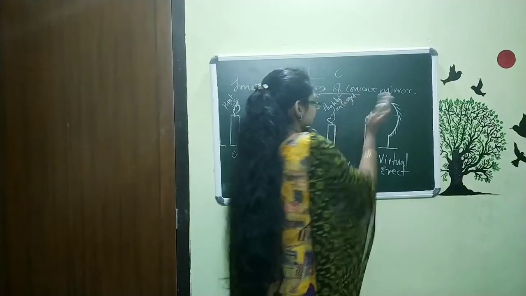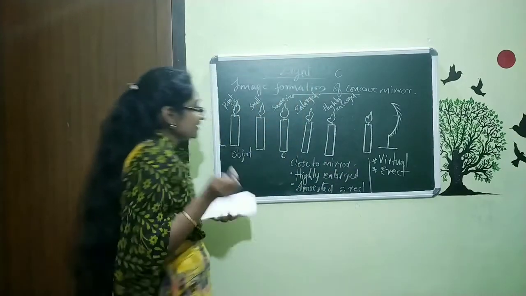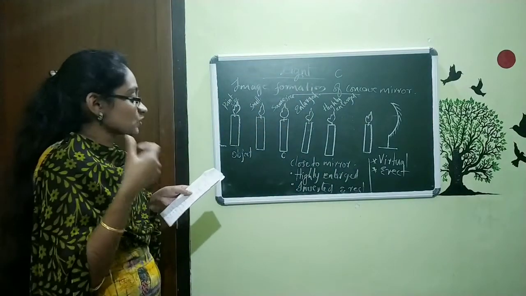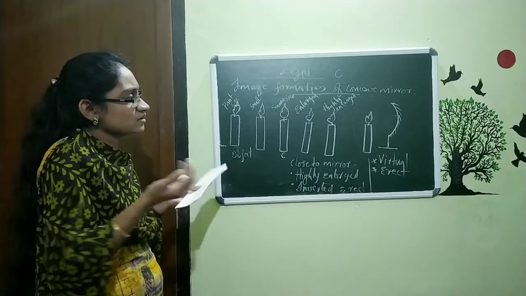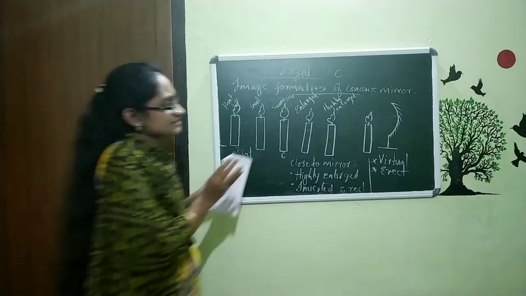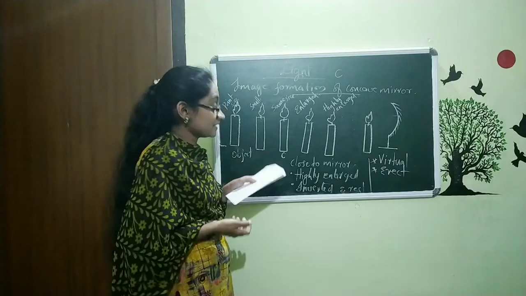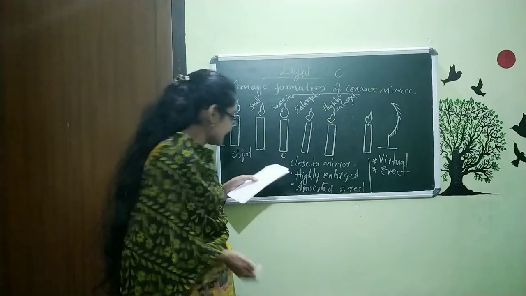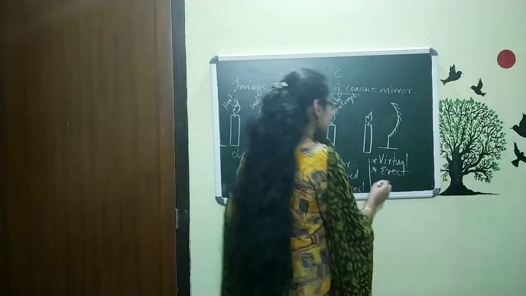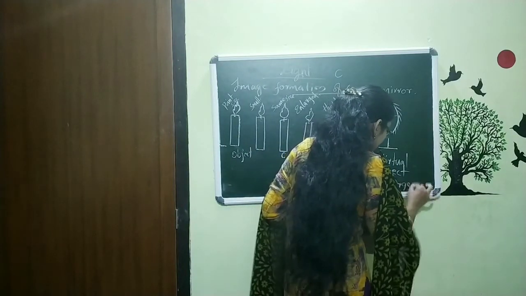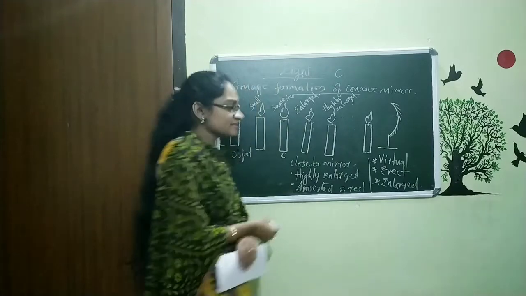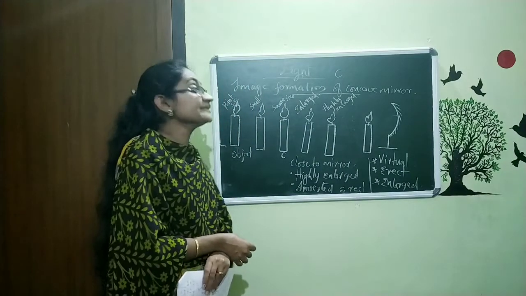Same direction. And now the only thing left is the size of the image. Is it small, big or the same size? What will happen? Here also you will get an enlarged image, or you can say a highly enlarged image.